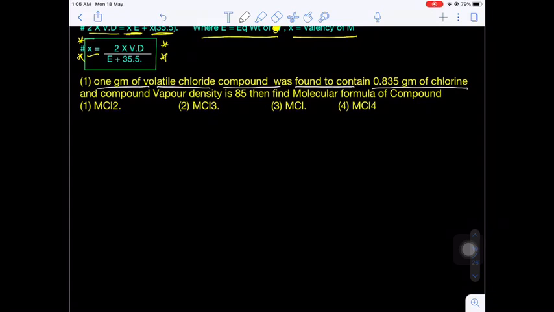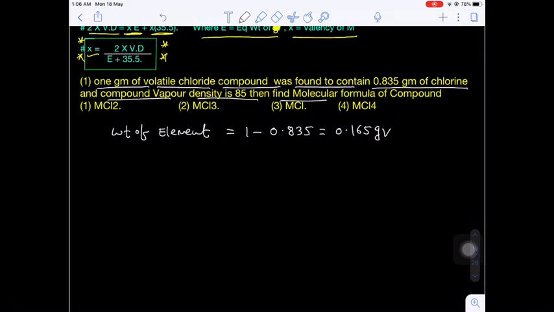Now what should be the weight of the element? Total weight of the compound is 1 gram, in which 0.835 grams chlorine is present. The rest of the weight is 0.165 grams. This is the weight of the element. Now continuing, the compound has vapor density 85. Then find the molecular formula of the compound.